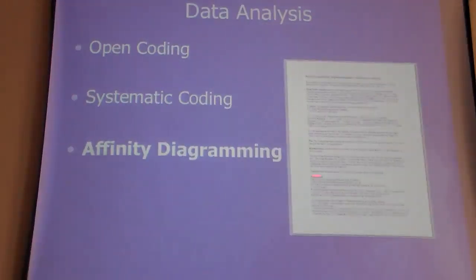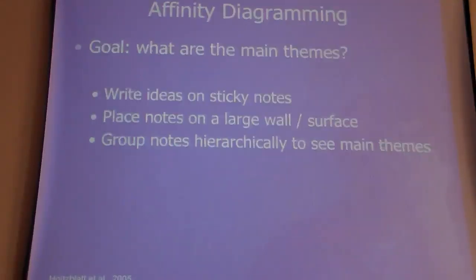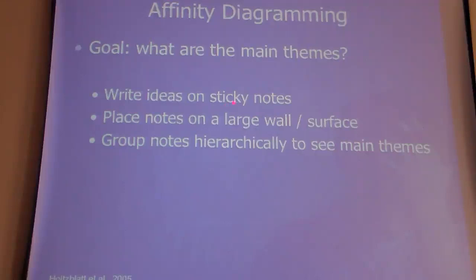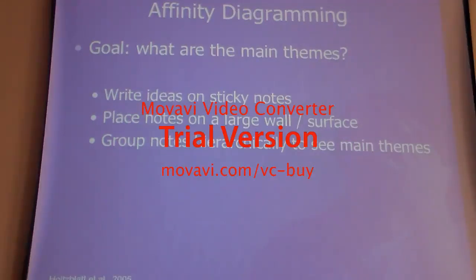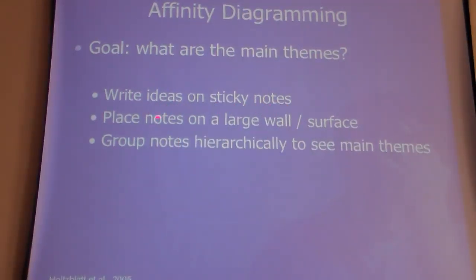And this is the last one, which is affinity diagramming. The goal: what are the main themes? Write ideas on sticky notes. You know sticky notes? In some companies, they put a board and you put notes. Place notes on a large wall or surface, and group notes hierarchically to see main themes.